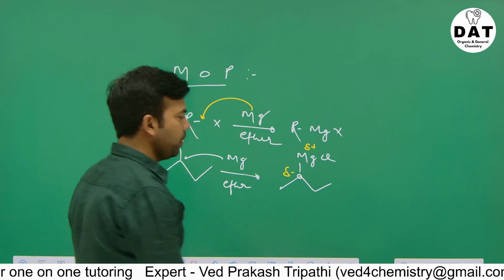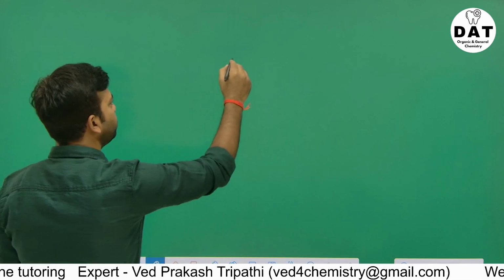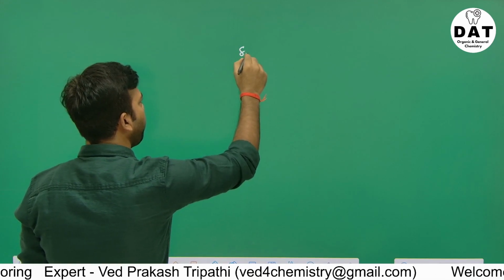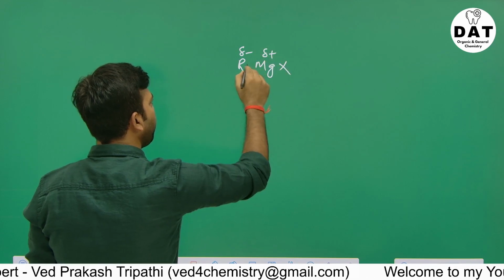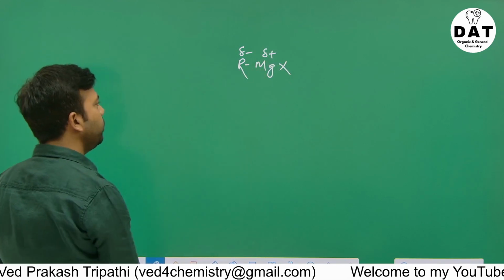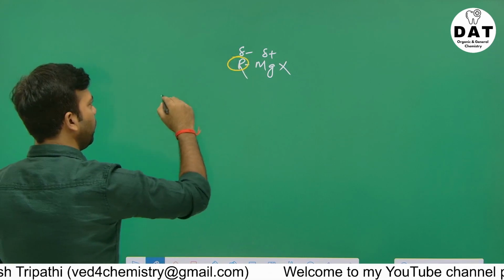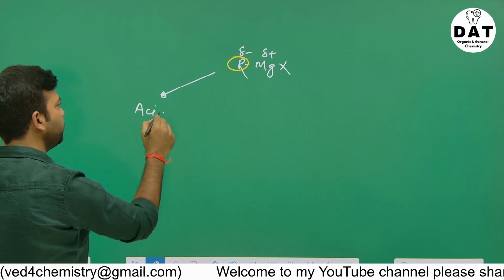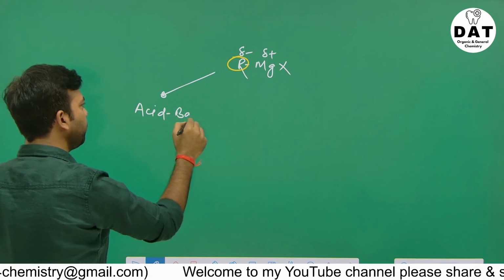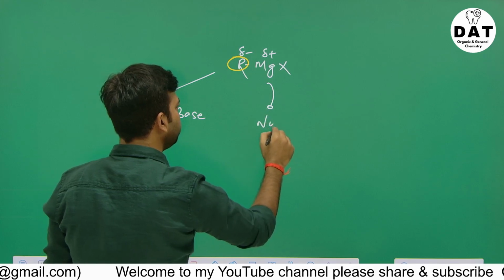And now let's talk about the reactions of Grignard. If you look at this R, I am going to write here the nature of reaction. First, it can give acid-base. Second, nucleophilic addition.